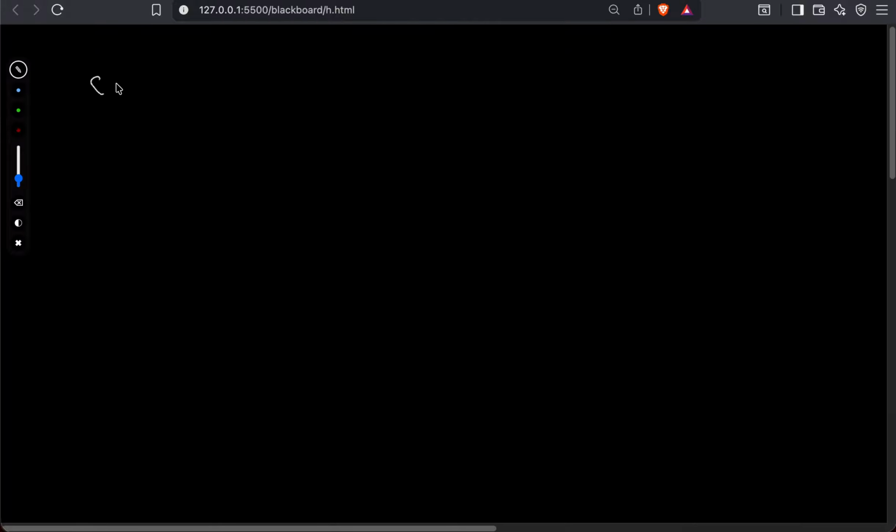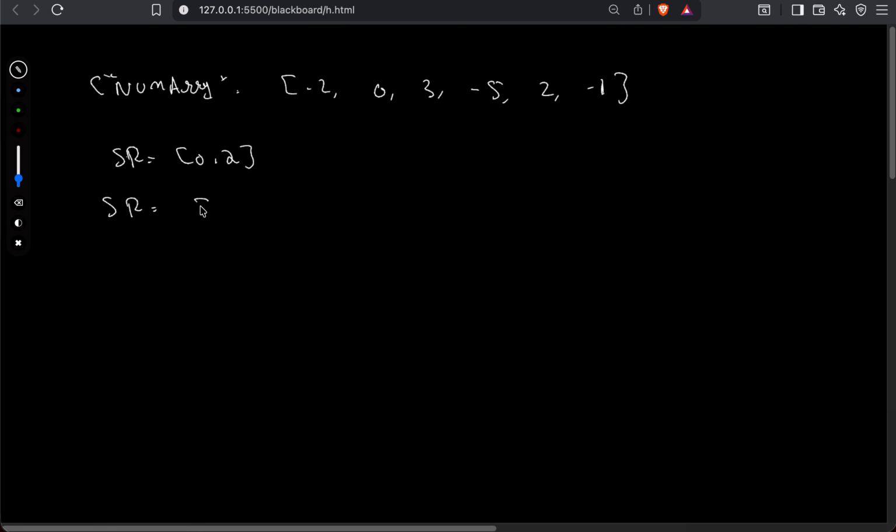Now we have the nums array: negative 2, 0, 3, negative 5, 2 and negative 1. The first query is sum range 0 2, the second query is sum range 2 5, and the third query is sum range 0 5.